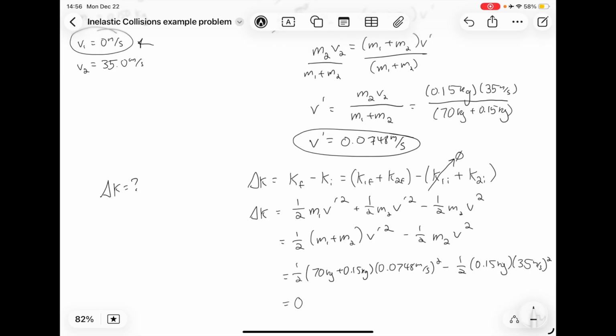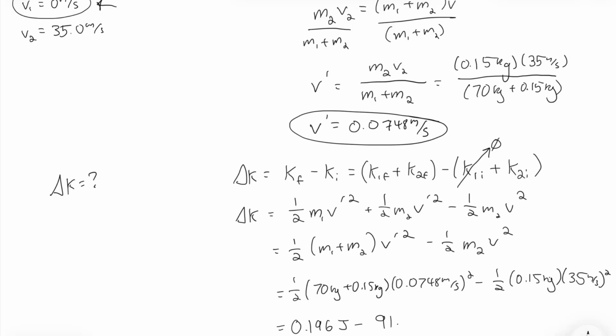That gives us 0.196 joules for our final kinetic energy and 91.875 joules for our initial kinetic energy coming just from the hockey puck, because the goalie's at rest.